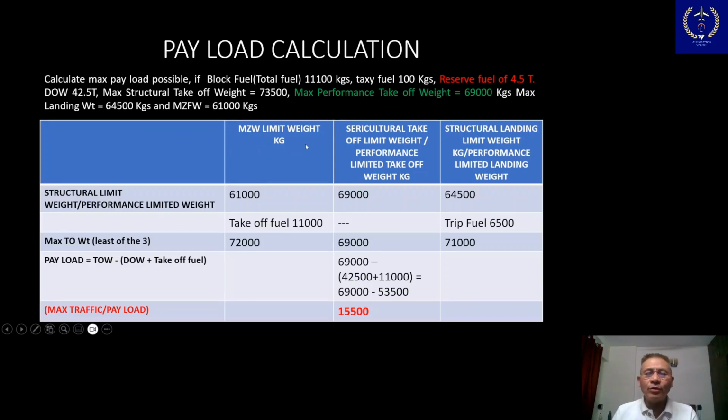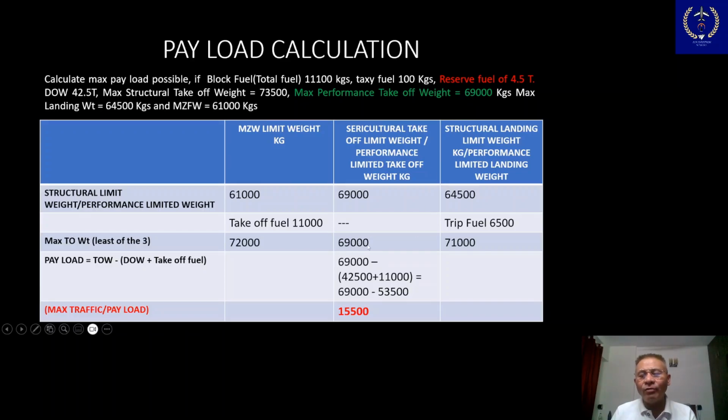So we will make a similar table, three columns. Maximum zero fuel weight, which is 61 tons. In that, if we add the takeoff fuel, that is 11,100 minus taxi fuel, that is 100, so we get 11,000. So we get 72 tons or 72,000 kgs. In the takeoff weight, we will go by the lower of the structural limit weight or the performance limited takeoff weight, which is 69 tons.